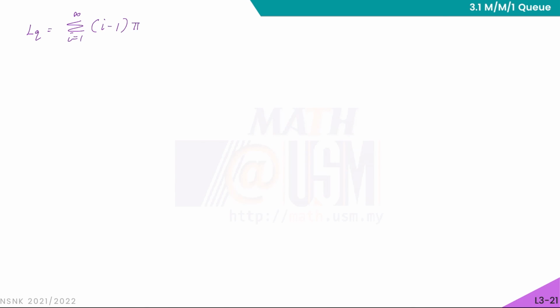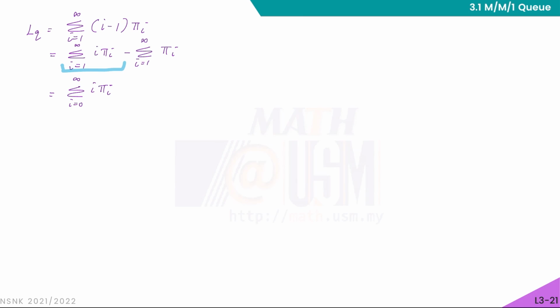So I minus 1 pi I. Okay, so let us expand this term. So the summation from I equals 1 to infinity of I pi I, minus the summation from I equals 1 to infinity of pi I. Okay, so the first term is actually the same as the summation from I equals 0 to infinity of I pi I, because when I is equal to 0, the first term becomes 0.